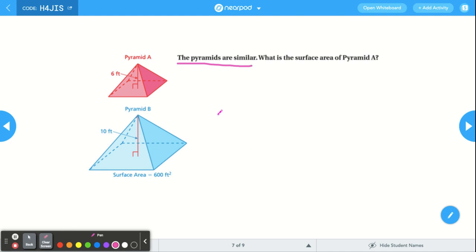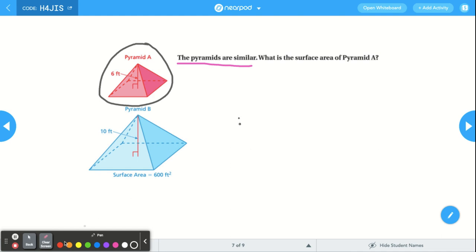So let's go ahead and solve this one. What is the surface area of pyramid A? All right, so that's the one that we don't know. So I'll put a question mark.